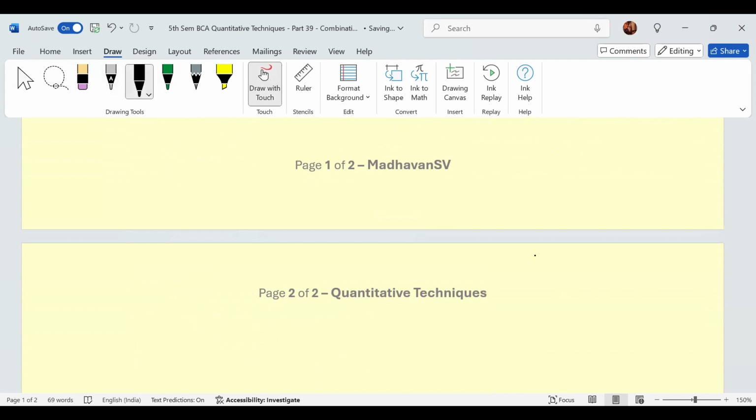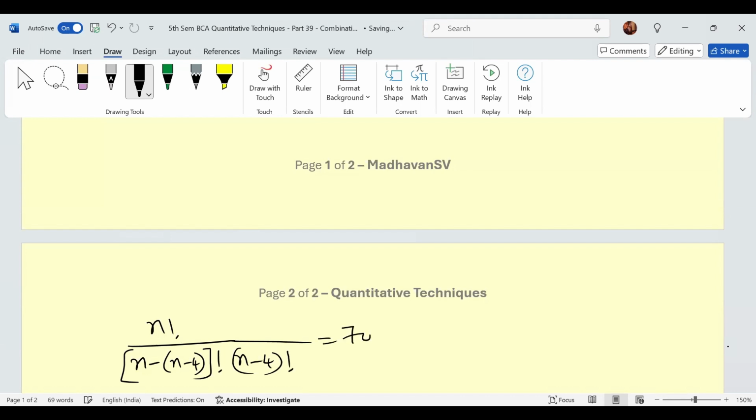The nCr formula we will use. So it becomes n factorial divided by (n minus (n minus 4)) factorial into (n minus 4) factorial. That is equated to 70 now.